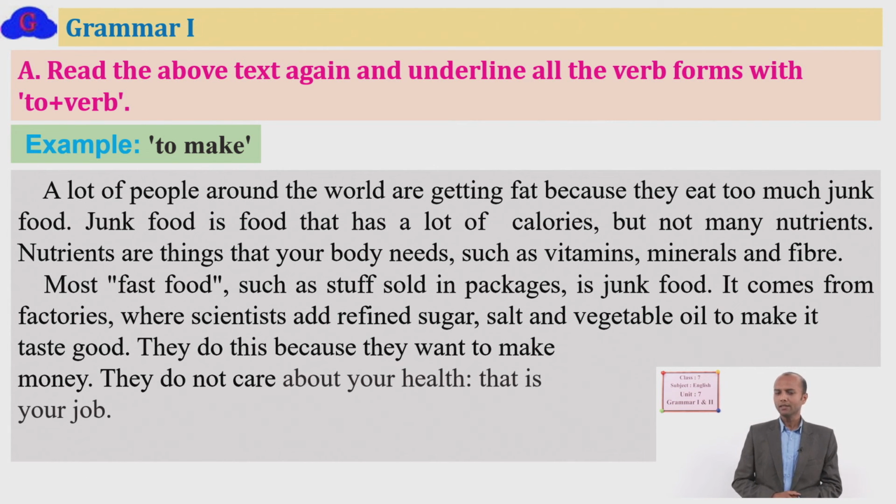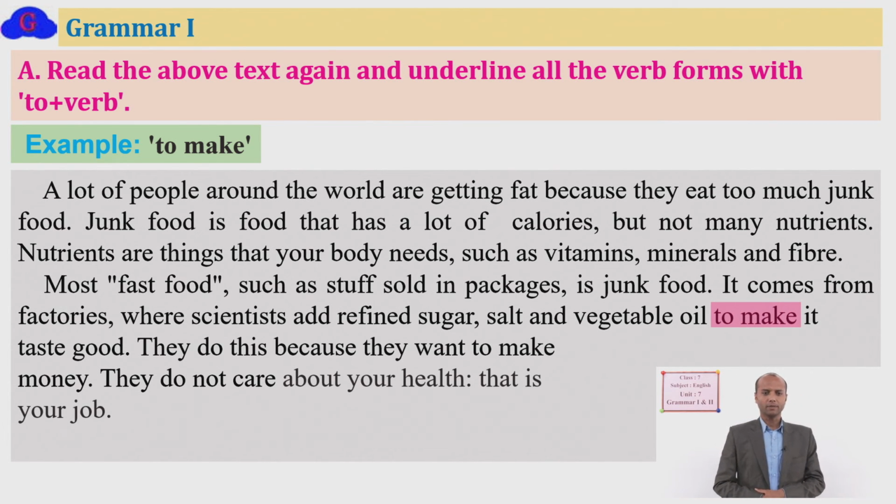Good. Yes, two constructions are there. So which one is the first one? Yes, it is to make, given in the second paragraph. Are there any more? Yes, another to make is there. Brilliant, dear student. Let's move to the next paragraphs.